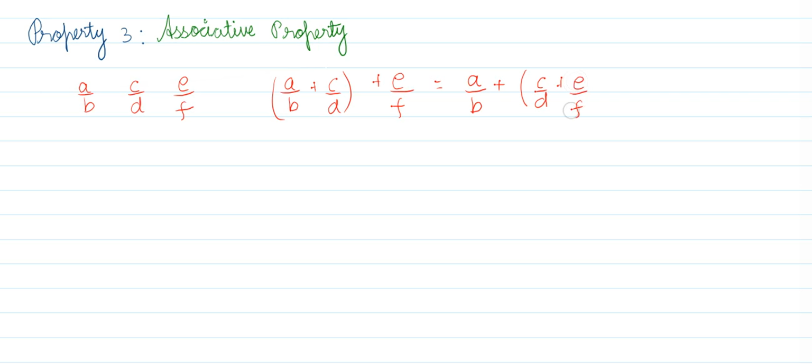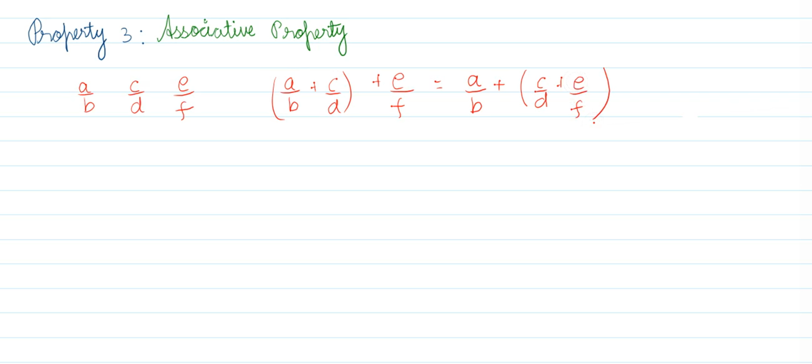So the third property is associative property. So associative property states that for any three rational numbers a by b, c by d and e by f, we have (a by b plus c by d) plus e by f is equal to a by b plus (c by d plus e by f).